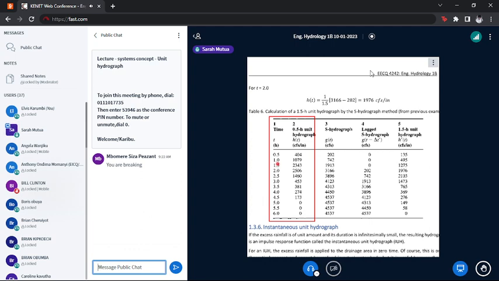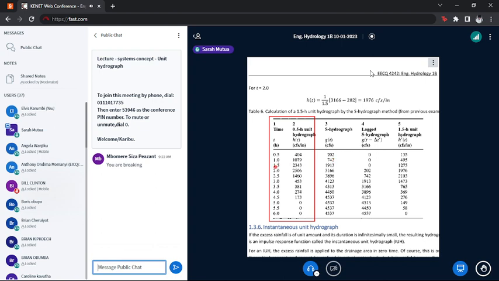And this will give you basically 0.5 times brackets 4 plus 1079, and this gives you 742.